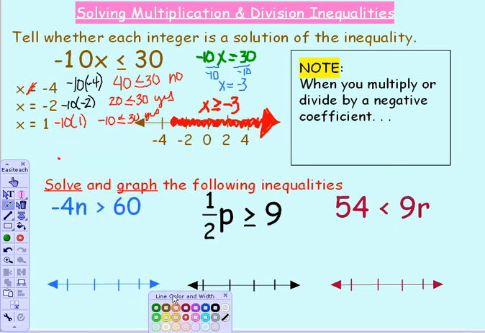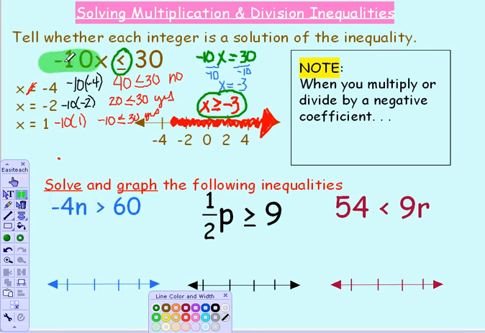Okay? So we're just putting those numbers in. If you notice the inequality on that one, it started as a less than or equal, but once we got our solution, it was a greater than or equal. So in the note over here at the right, when you multiply or divide by a negative coefficient, remember the coefficient here was this negative 10.